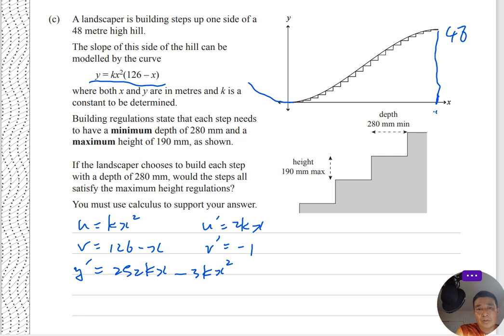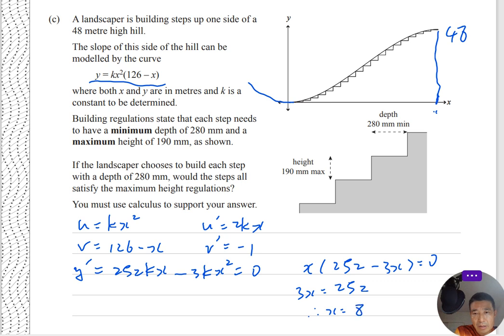So set this to 0. Because k is a constant, we can divide by k on both sides. That leaves x(252 minus 3x) equals 0. So either x is 0, which is here, and the other point, 3x equals 252, hence x is 84. So x is 84, and y, the height, is 48.